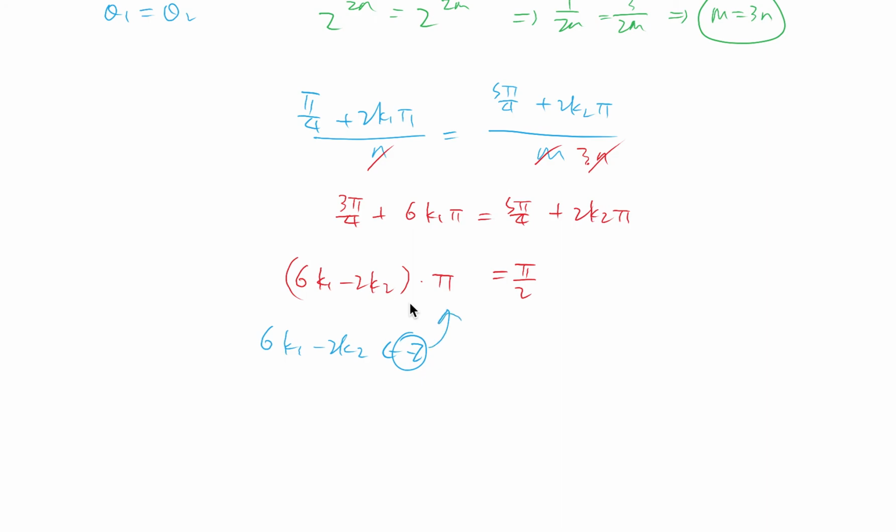So an integer multiplied by pi must be a multiple of pi, whereas on this side, pi over 2 is not a multiple of pi. So your left hand side is a multiple of pi, whereas your right hand side is not. This is clearly a contradiction.